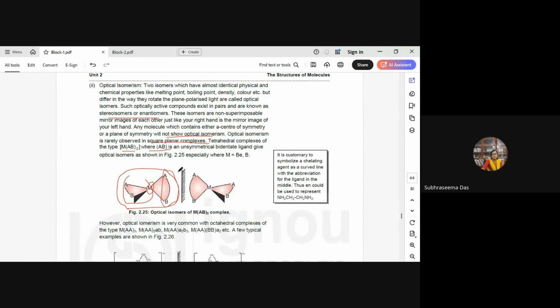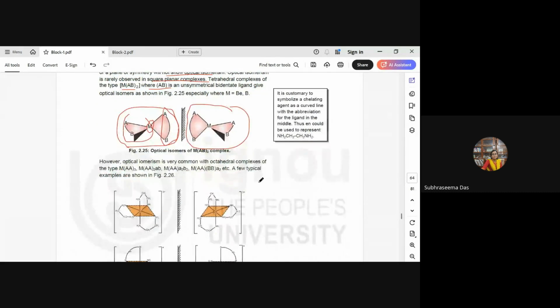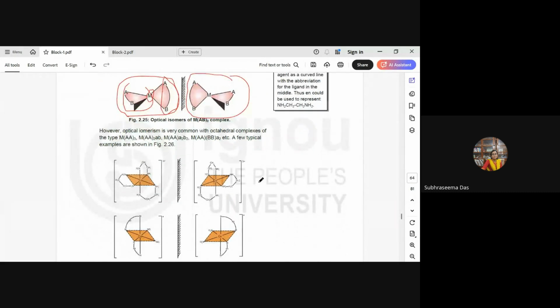Since they are unsymmetrical, they form non-superimposable mirror images, and so they form optical isomers. However, optical isomerism is very common for octahedral complexes.